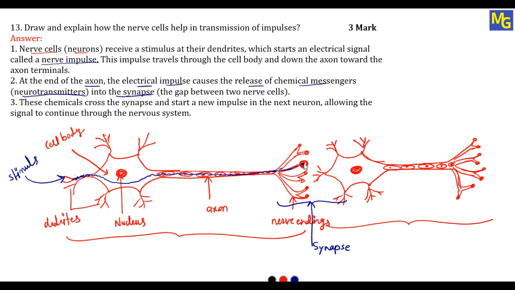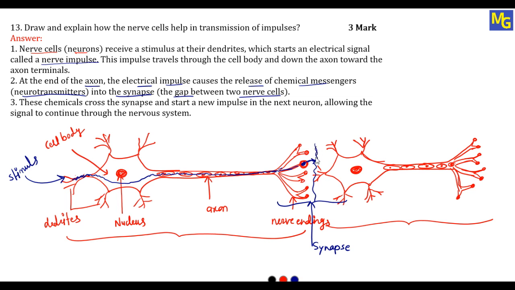This chemical messenger comes into the synapse. Synapse is nothing but the gap between the two neurons.